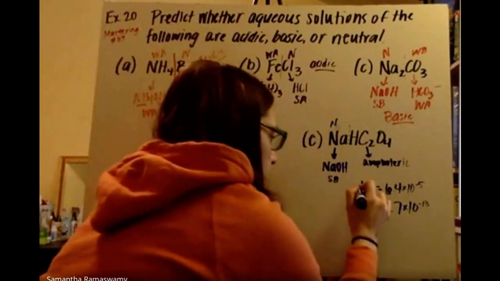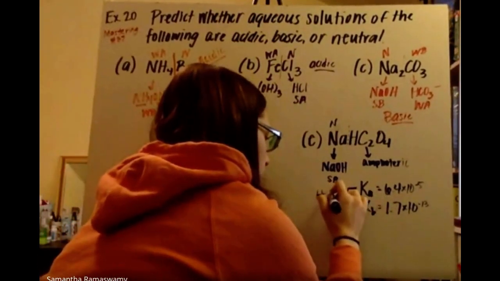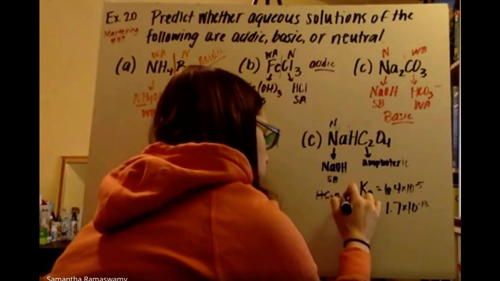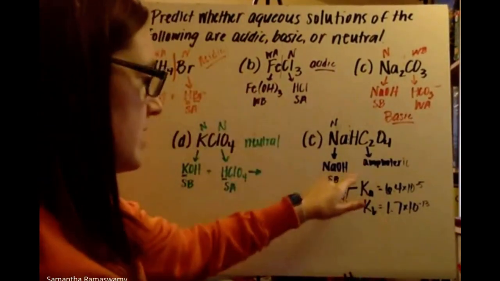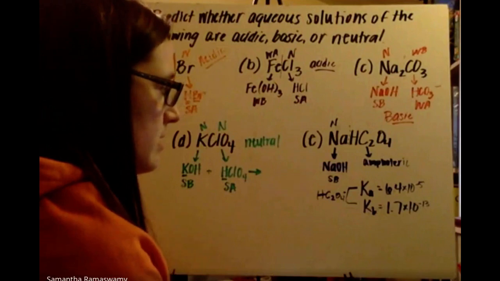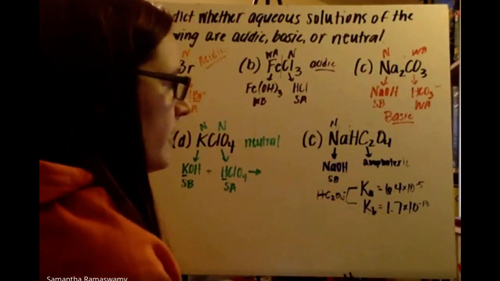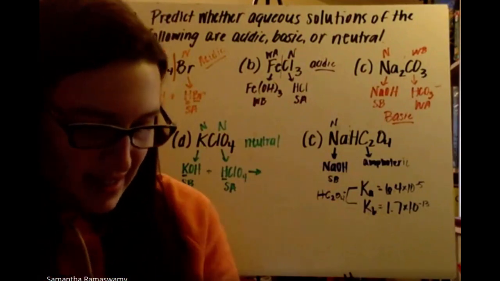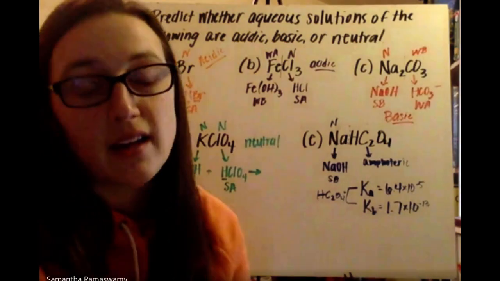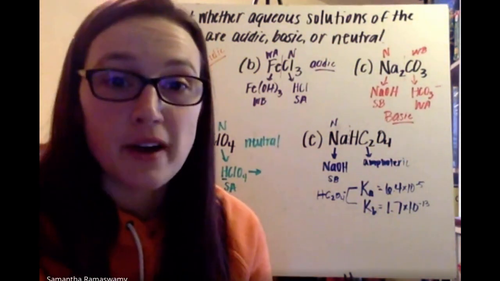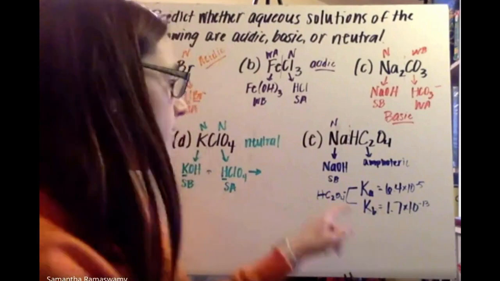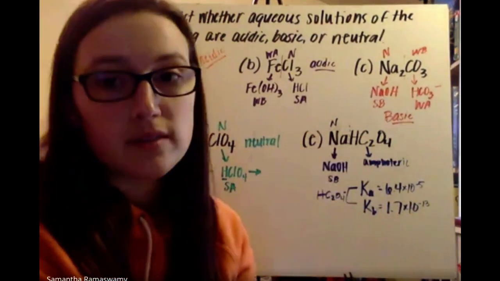Both of these are for HC2O4 minus because it can act as an acid or it can act as a base. To figure out which one it's going to act like, we have to compare the Ks. Whichever K is greater, that's how this will behave in the salt.